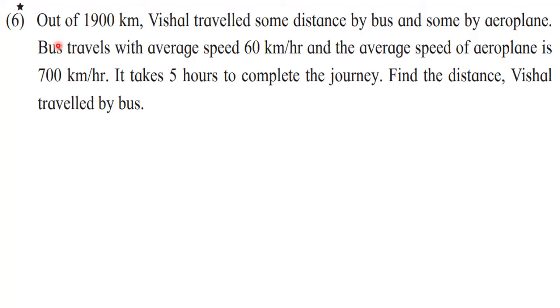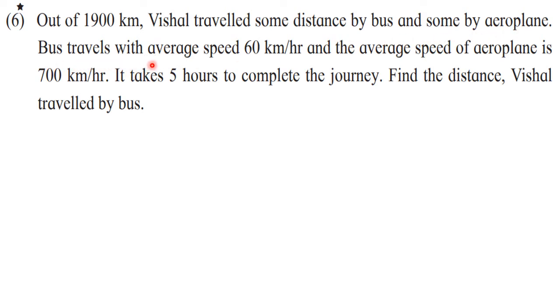Question number 6 from practice set 1.5. This is an important question. Mark it as an important question for 4 marks. Out of 1900 kilometers, Vishal traveled some distance by bus and some by aeroplane.